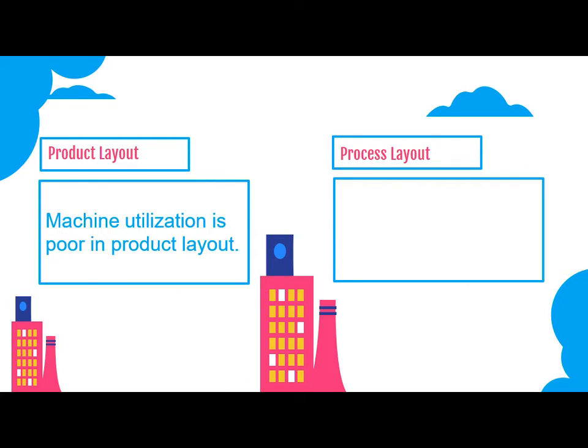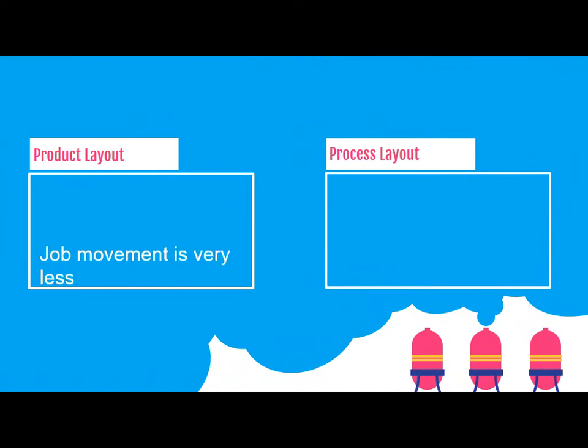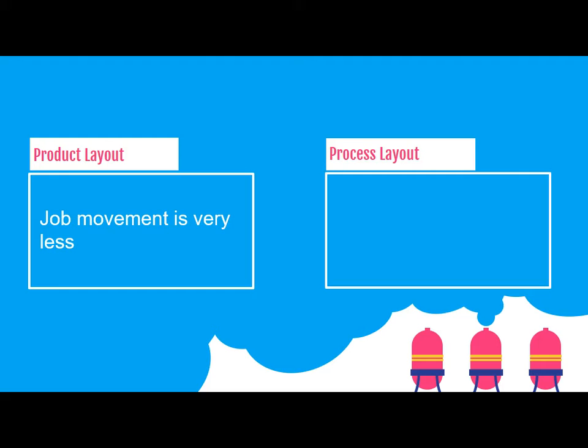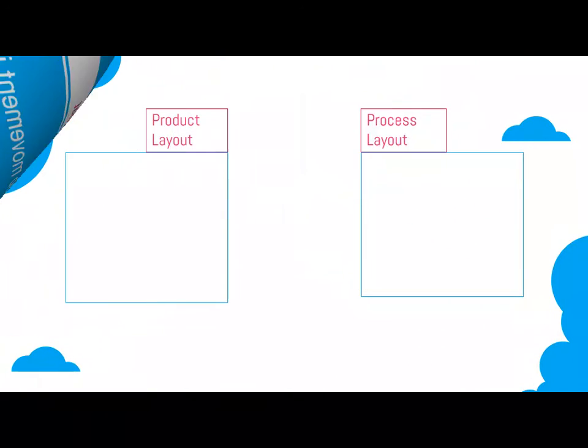Machine utilization is poor in the case of product layout, and machinery utilization is better in process layout. Job movement is very less in product layout. Job movement is comparatively more in process layout.